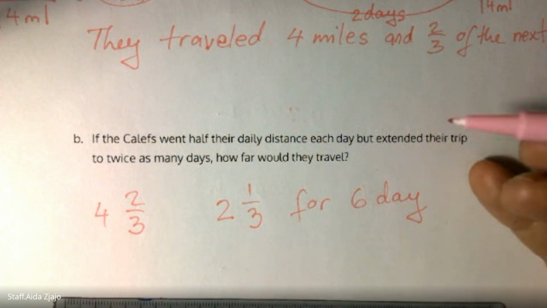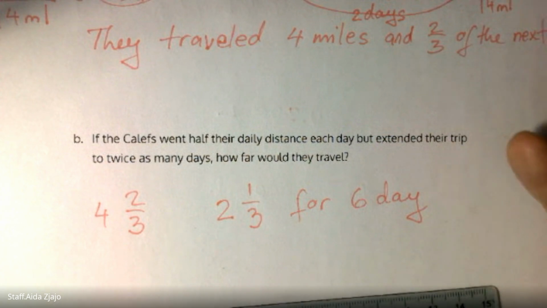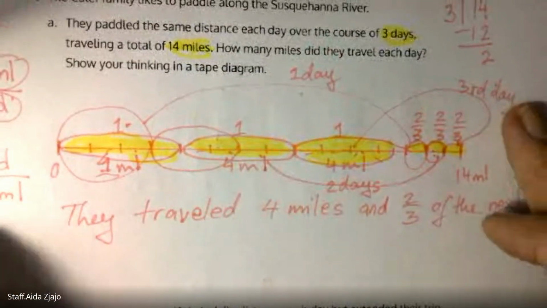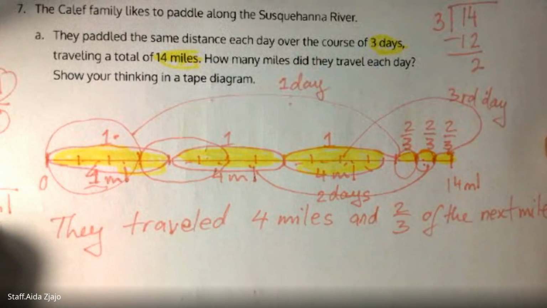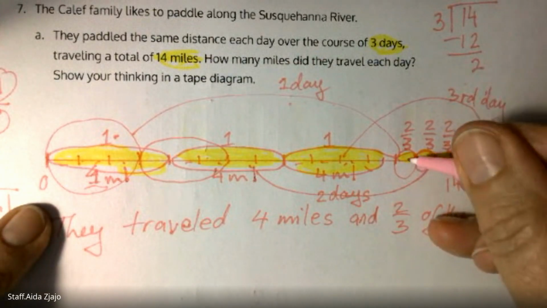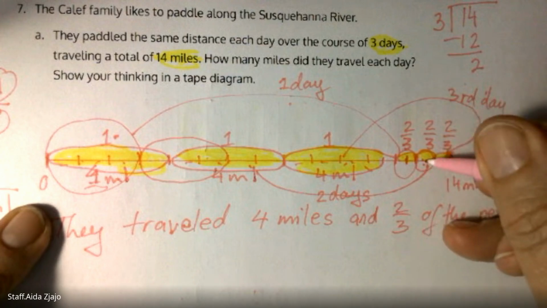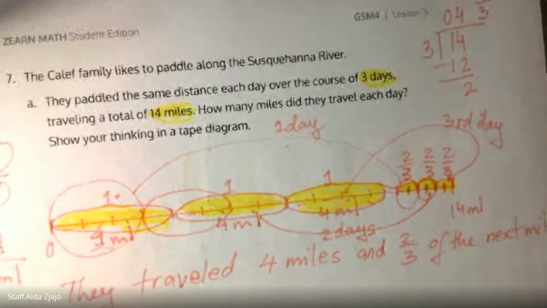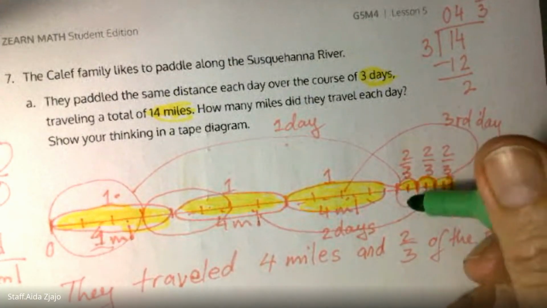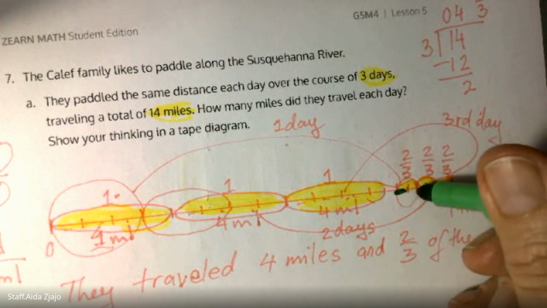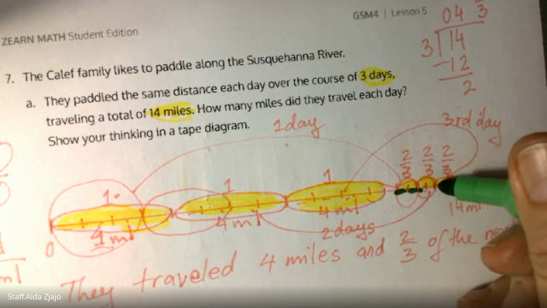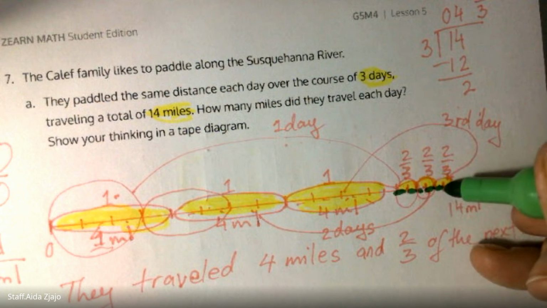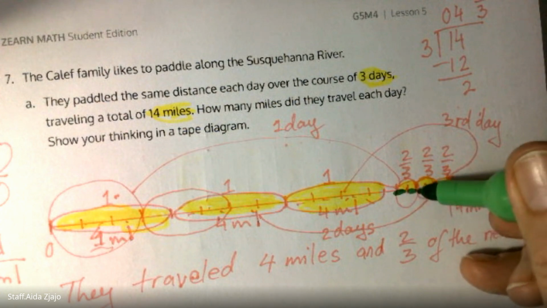2 miles for 6 days. So if I do that, let me see on the picture. I think it should be the same. So that would be the 1/3, 1/3, and 1/3. I'm thinking about this to be a 1/3, and this is 1/3. 1, 2, 3, 4, 5, 6.